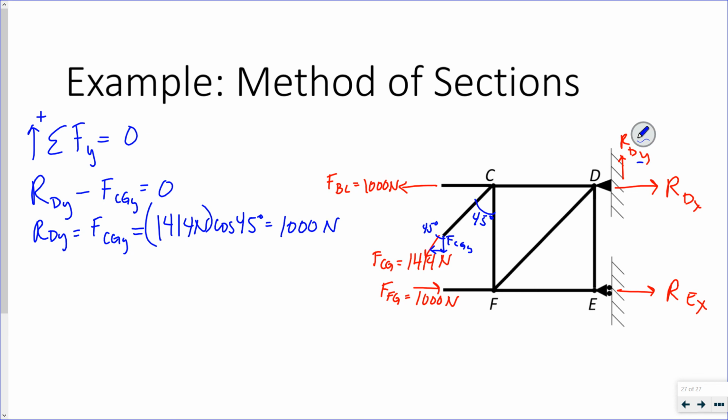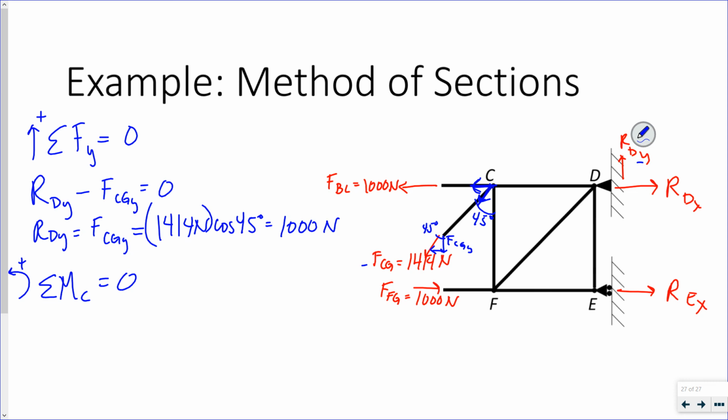Now, if I take the sum of the moments about C, that means I don't have to pay attention to FCG because it happens right there. I don't have to pay attention to FCy or FBC because it happens there. And I don't have to pay attention to RDx because it would have 0 moment arm. FBC, nope, that would be a 0 moment arm.